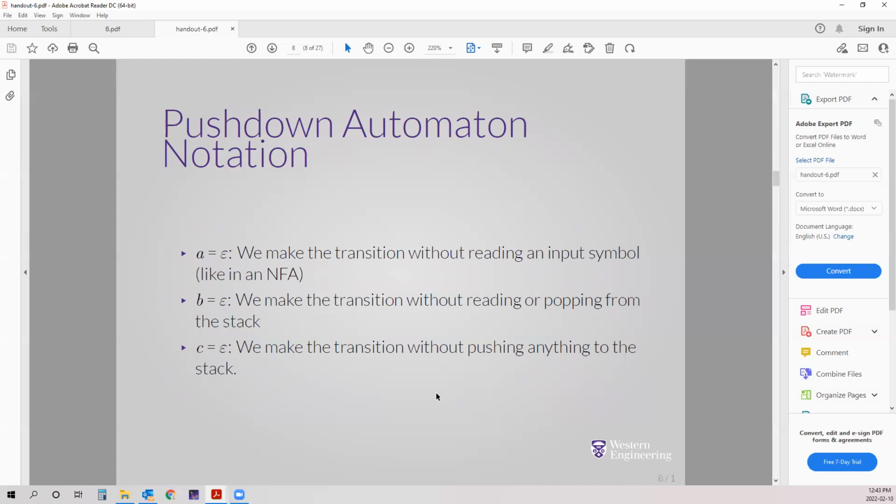If C is epsilon, we make the transition without pushing anything to the stack. Now with the example, it would be clear.